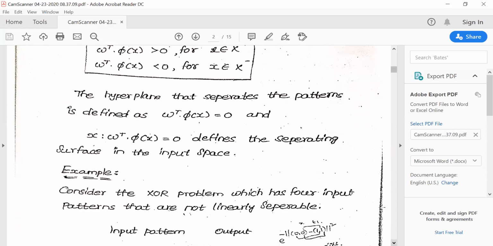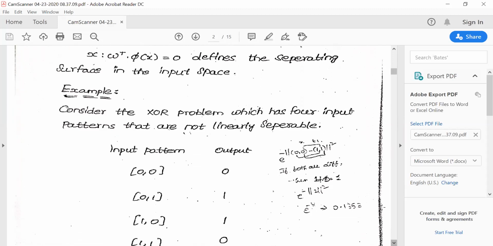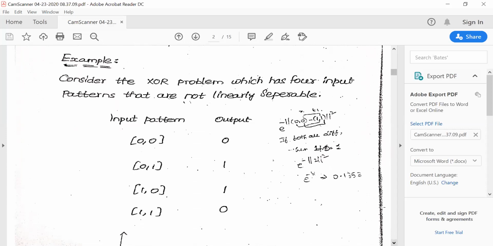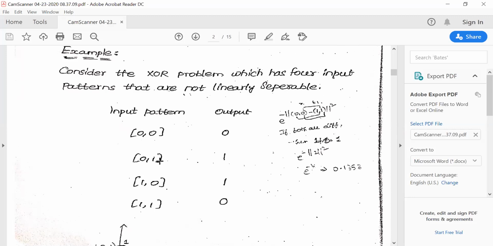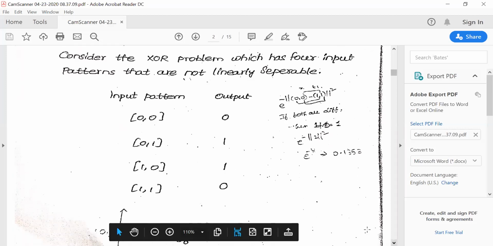Now, to understand low dimension and high dimension spaces, we'll consider a problem which is not linearly separable. We know that the XOR problem is not linearly separable. The input patterns are 0,0, 0,1, 1,0, and 1,1. Output is going to be 0, 1, 1, 0 for the respective inputs.